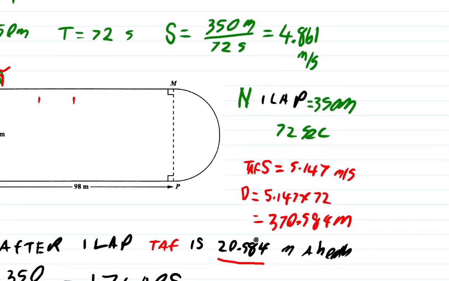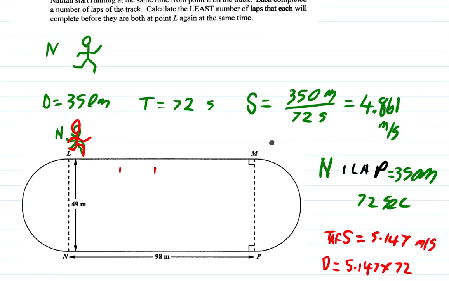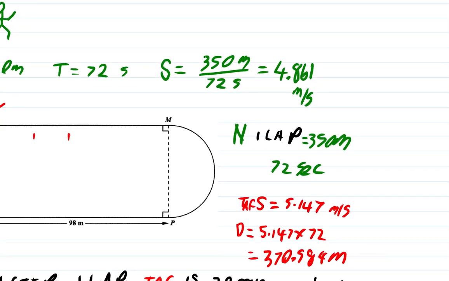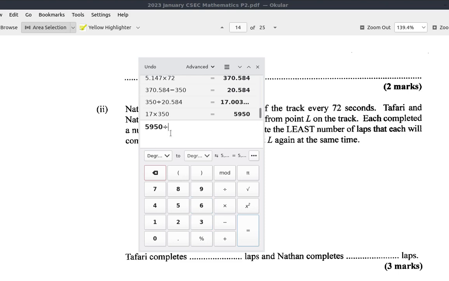Nathan's speed was 4.861 meters per second, right? Nathan covered 17 laps. The time would be distance over speed. So back to our calculator.